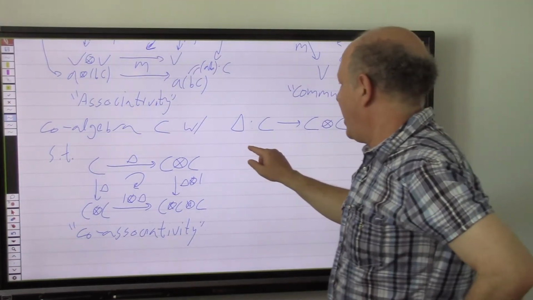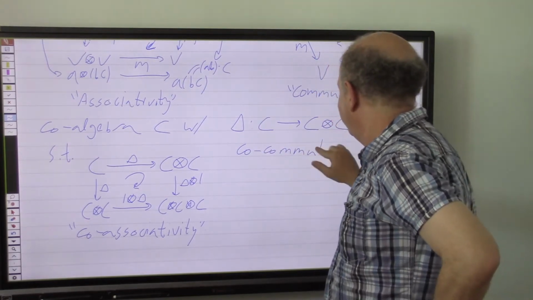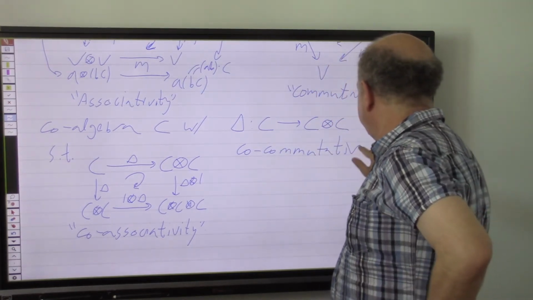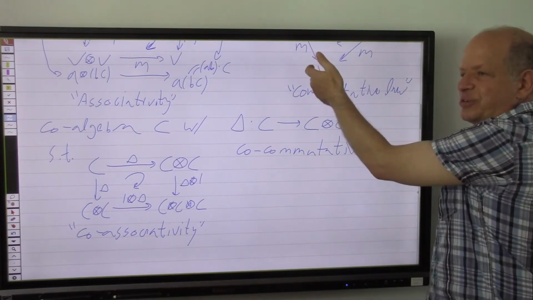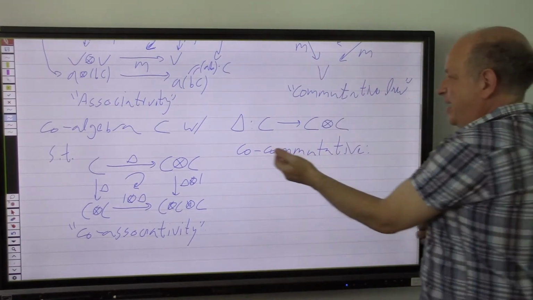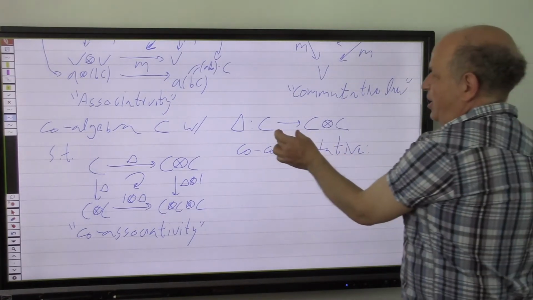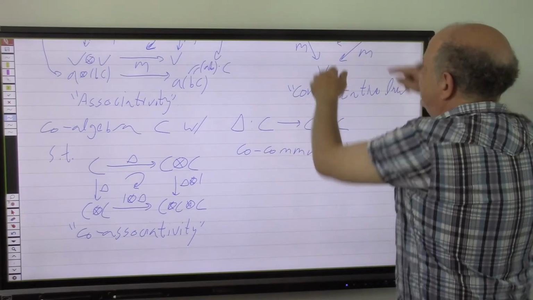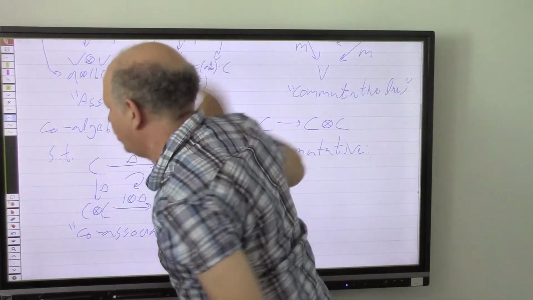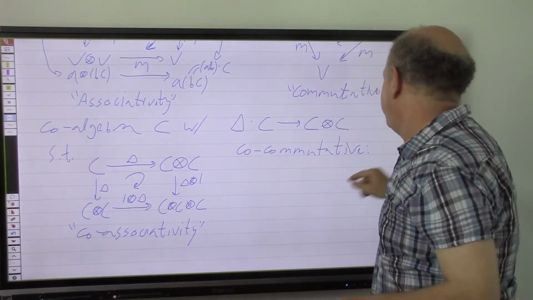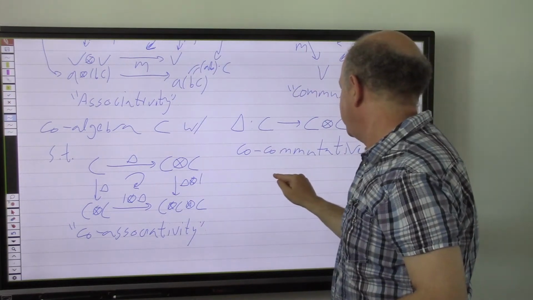Anyway, a coalgebra is called co-commutative. Not every coalgebra is co-commutative, just like not every algebra is commutative. But a coalgebra is called co-commutative if a similar diagram to the one which is just off the screen is satisfied. Namely, if the following diagram is commutative.